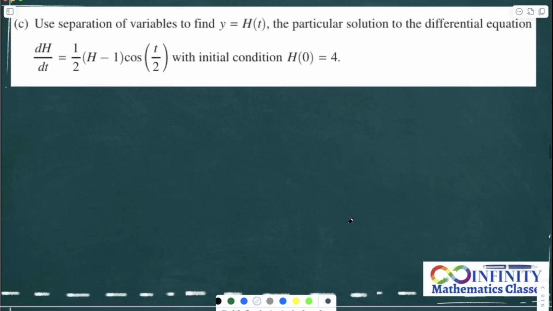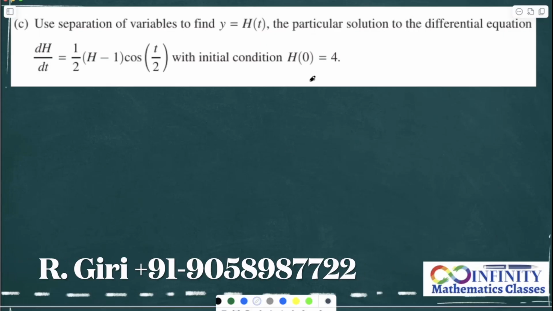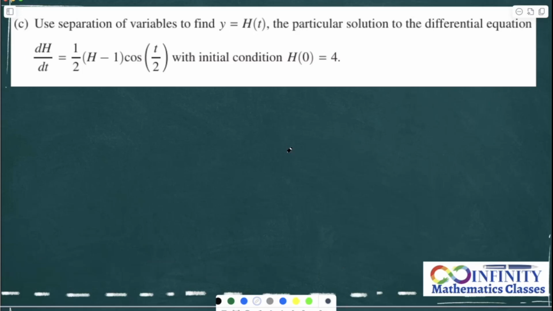Use separation of variables to find y equals s(t), the particular solution to the differential equation with the initial condition s(0) equals 4. Separation of variables gives dh divided by h minus 1 is going to be 1 by 2 cos t by 2 dt.